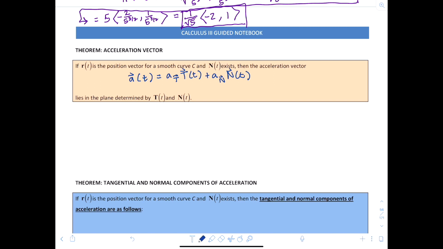let's look at the proof for this one, okay? If we do the proof, let's simplify the notation a little, right?